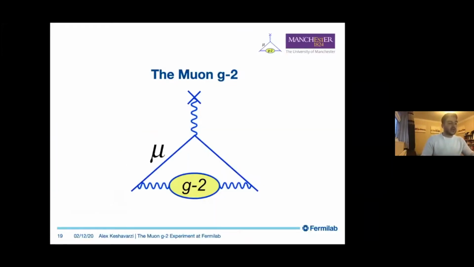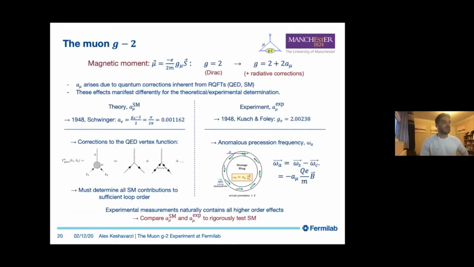So let's talk now specifically about the muon g-2 and the status of the muon g-2 in terms of theory and experiment, and what we're hoping to do experimentally over the next couple of years. So what have we said so far? We've said that we have a magnetic moment, which is dependent upon the spin-orbit coupling and the gyromagnetic ratio g, and that the Dirac equation predicts that g equals 2.